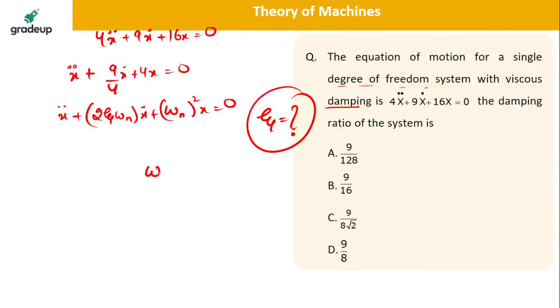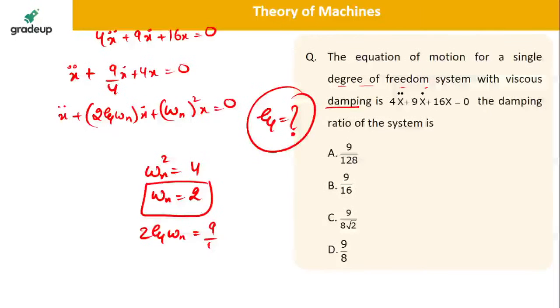So we can directly say omega n square is equal to 4, that means omega n is equal to 2. And 2 zeta omega n is equal to 9 by 4. From this you will be getting the value of zeta as 9 by 16. Very good, very good. Option B is the correct answer. Absolutely correct.